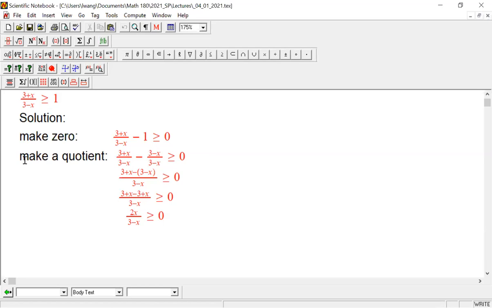So we make a quotient. When you do this, you understand why I do this, right? You need to understand why you're doing this. You're not just saying the why to your professor, you're doing this why for yourself. Only after you can convince yourself, you may possibly convince your professor.